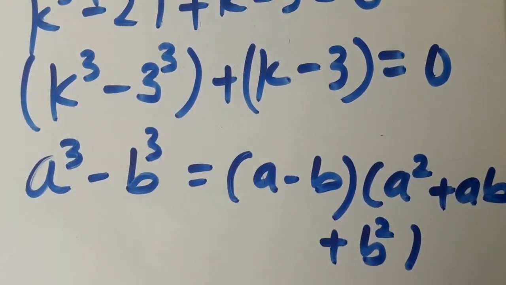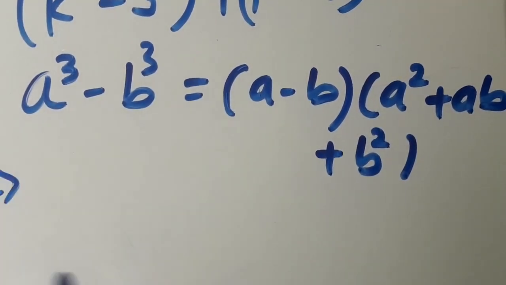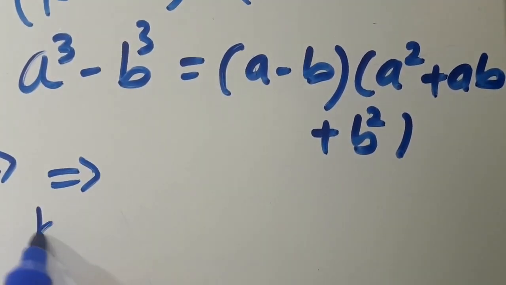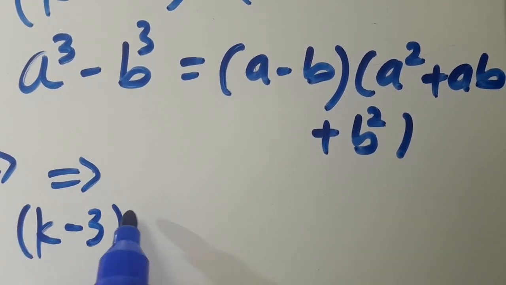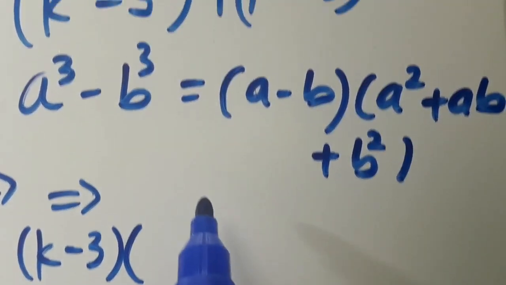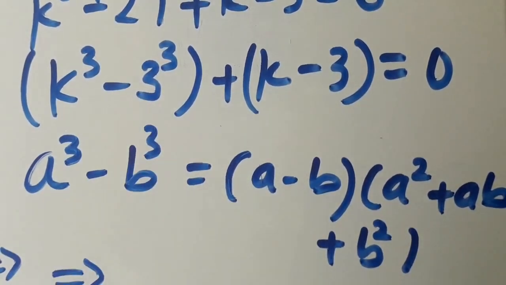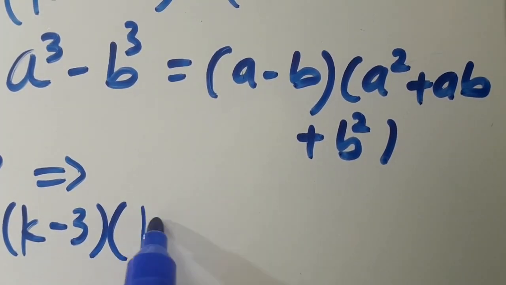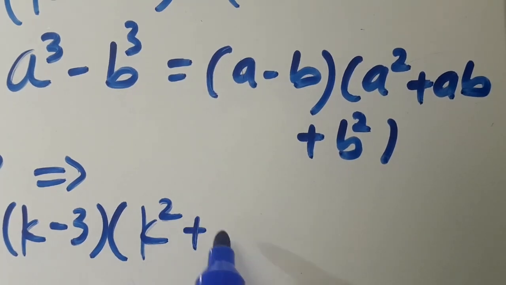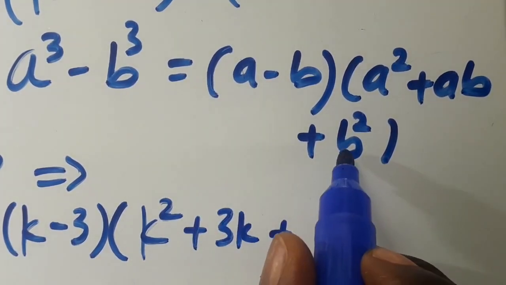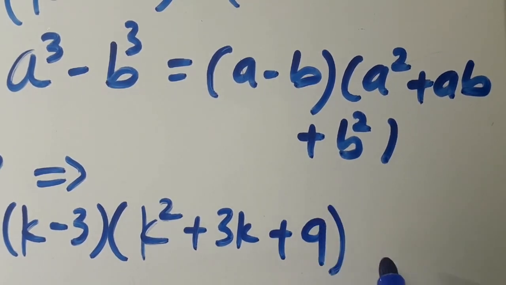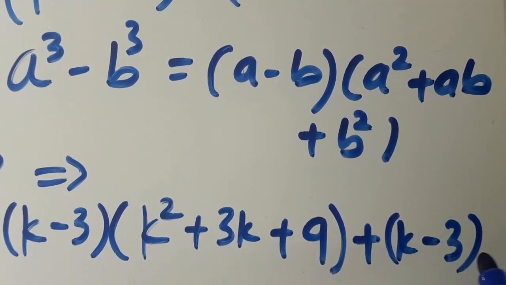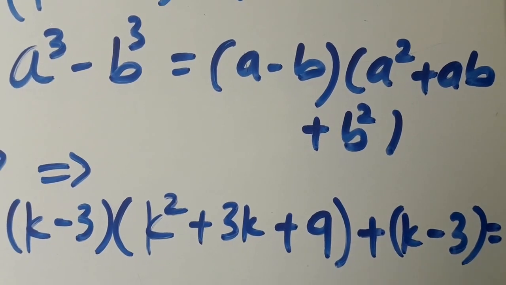Applying it here, our a is k and our b is 3. So we have k minus 3, multiplied by k squared plus 3k plus b squared, which is 3 squared, 9, then plus k minus 3, close the bracket, equals 0.